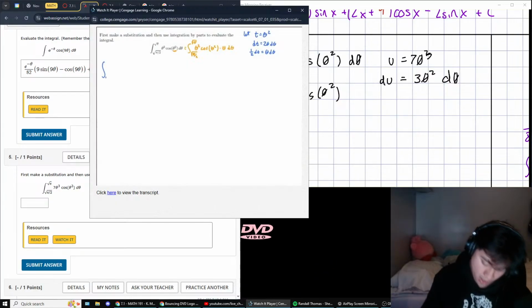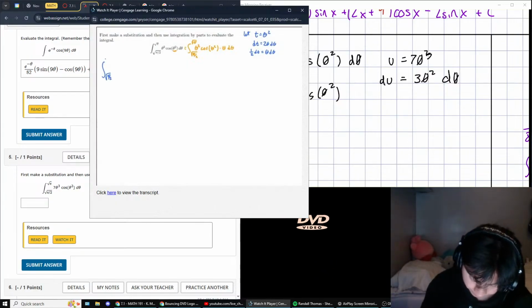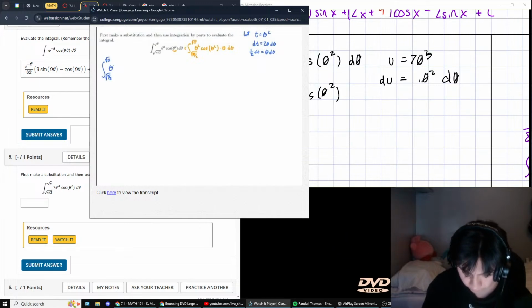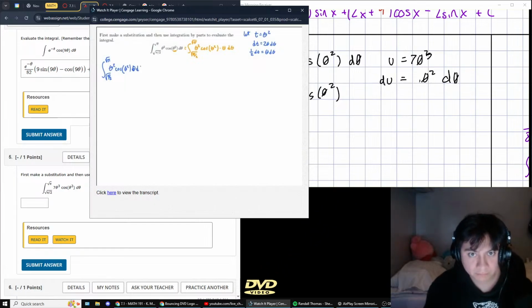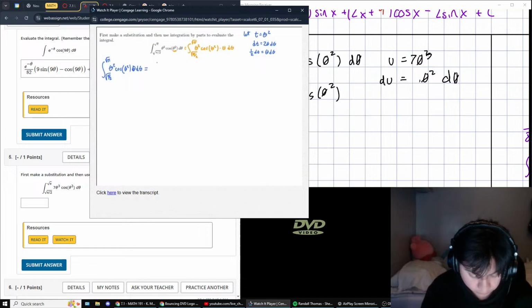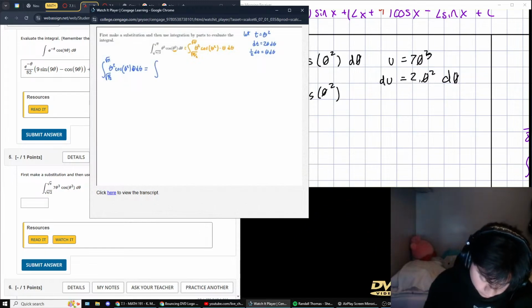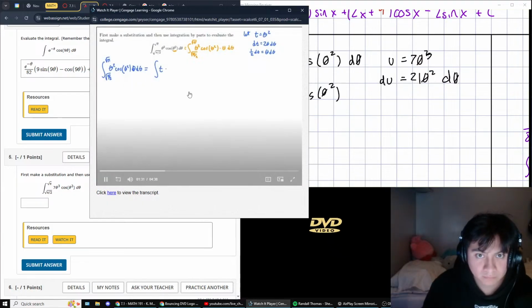And therefore, the definite integral in question, theta d theta becomes, okay, we have theta squared is t, so this is t.